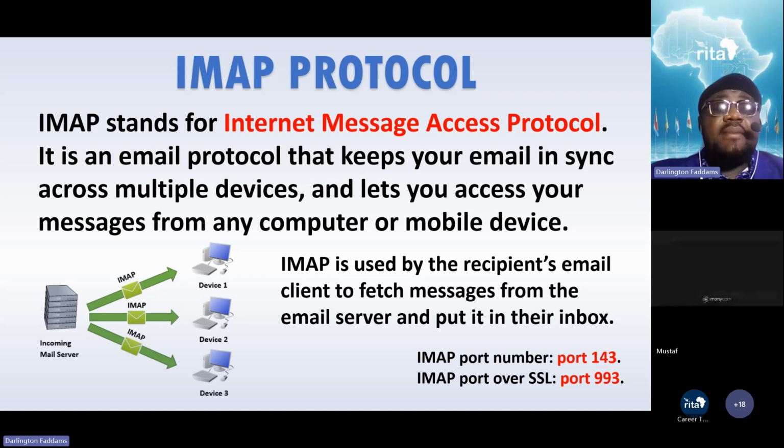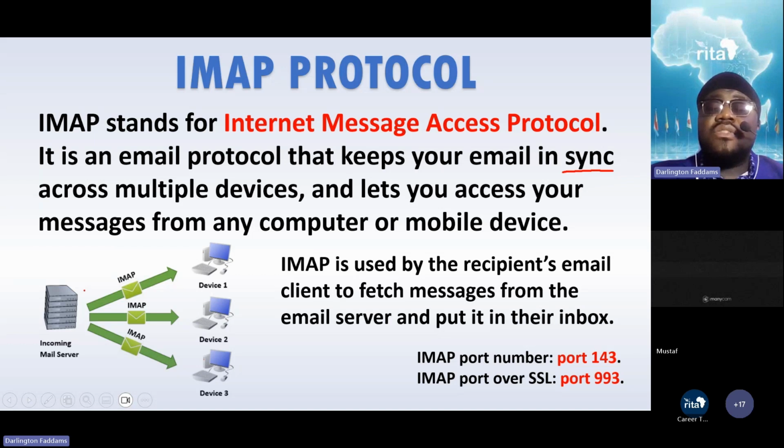So IMAP is just like POP3, just that it works in a different way. With IMAP, we always use the term synchronize or sync. This term sync, we talk about it all the time when we are using IMAP. Now, unlike POP3, that will download a message onto one device, IMAP doesn't download the message.